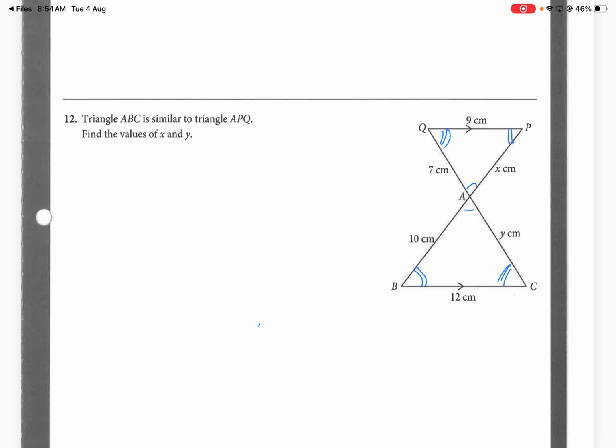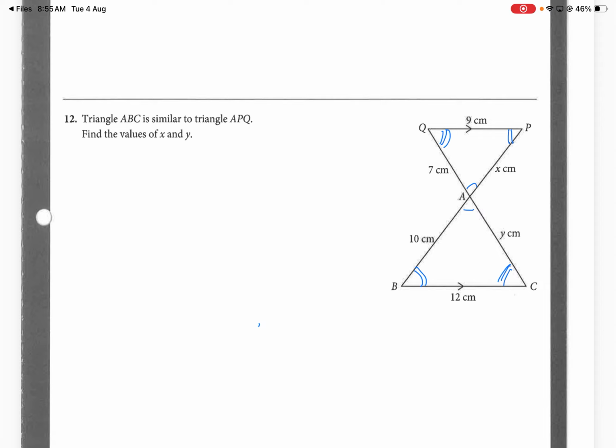So actually they don't tell you which side is similar to which side. They just give you this figure and then you are supposed to know. Why? Because of the parallel line, there is a Z. So this angle is the alternate angle with this one on parallel line. This angle also forms a Z, so same as this angle. Then vertically opposite, so these two angles are the same. So they are definitely similar. All three angles are the same, so they have the same shape.